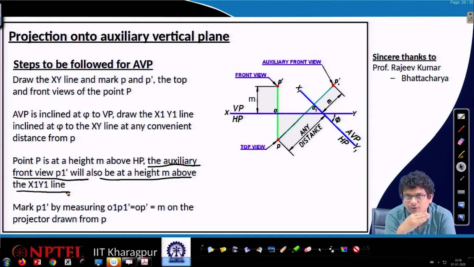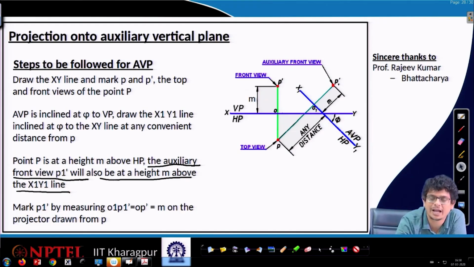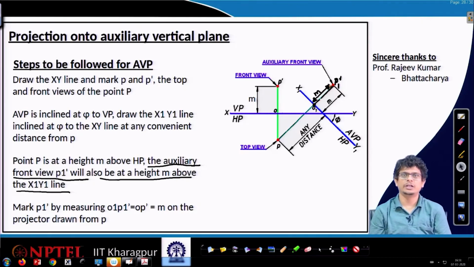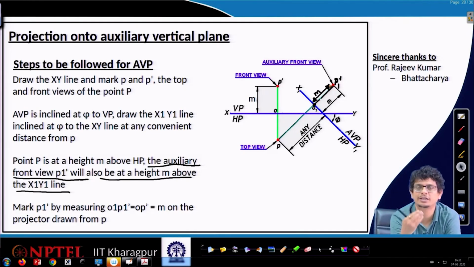So, about the x1 y1 axis, it will be above on the other side, because it is a vertical plane projection, also a front view. So, it will be P1 prime, and this distance m we have to maintain, because it is the true length we will see in the frontal view. This frontal view can be our vertical plane view or the AVP's frontal view also.